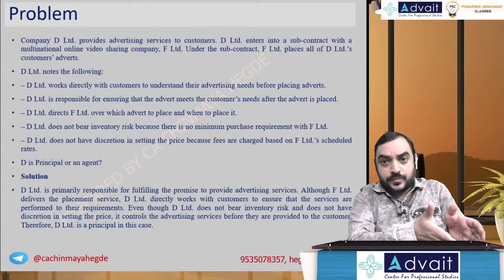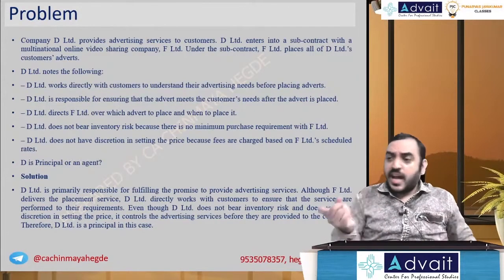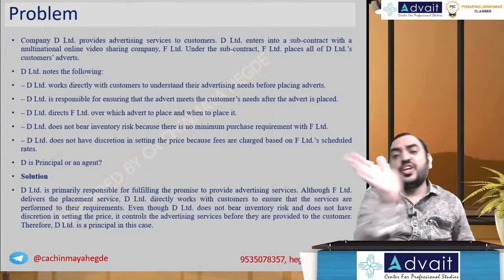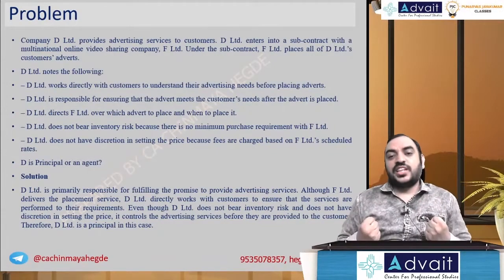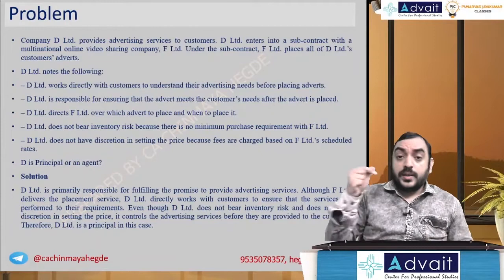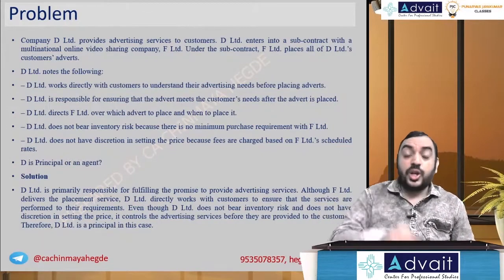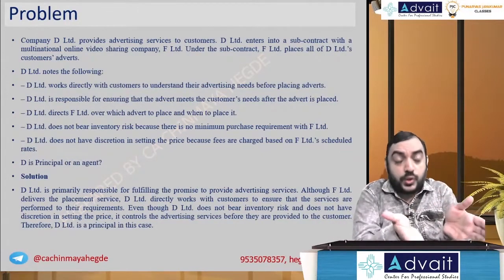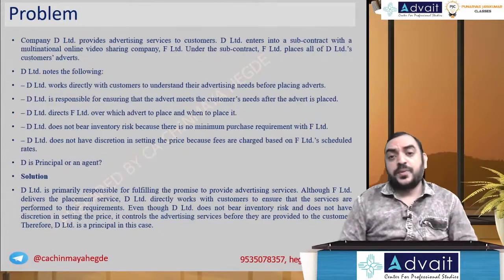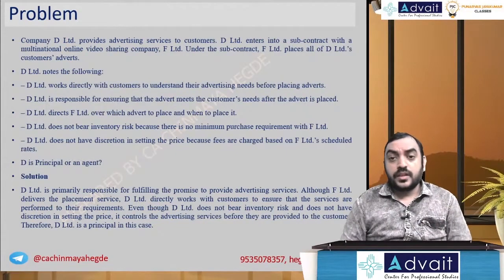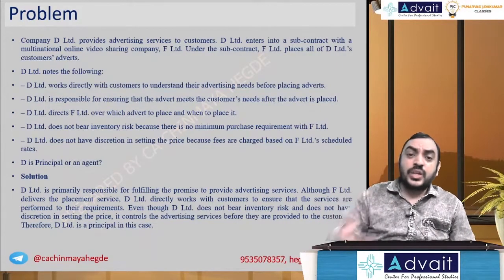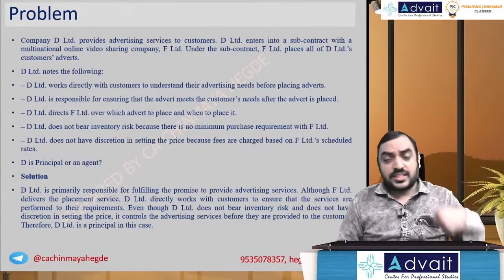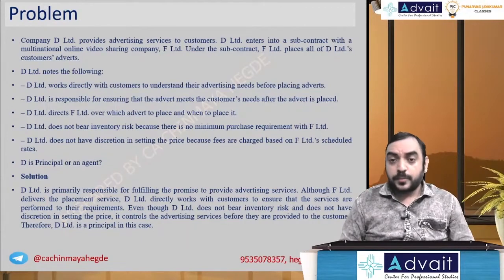Can D Limited say, I've connected you both, you handle it individually? No, right? D Limited assumes the responsibility. D Limited is liable to deliver the services as per discussion with the customer, and gives a subcontract to F Limited. That is the convenience of D Limited. The customer is in no way bothered about it.